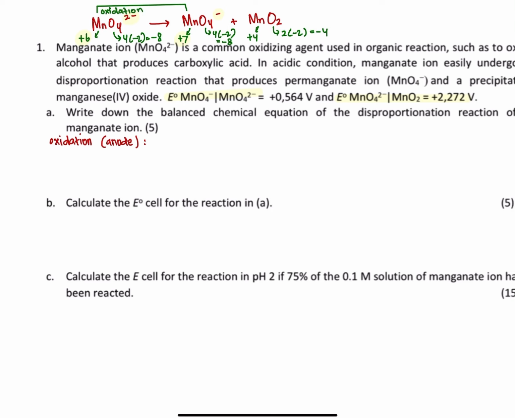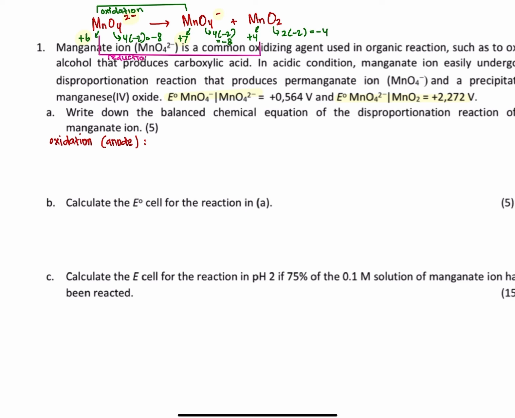And then from manganese +6 becoming manganese +4, there's a decrease in the oxidation number of the manganese. So that one is the reduction. So I'm going to add here the manganese becoming manganese +4, and that is for the reduction.